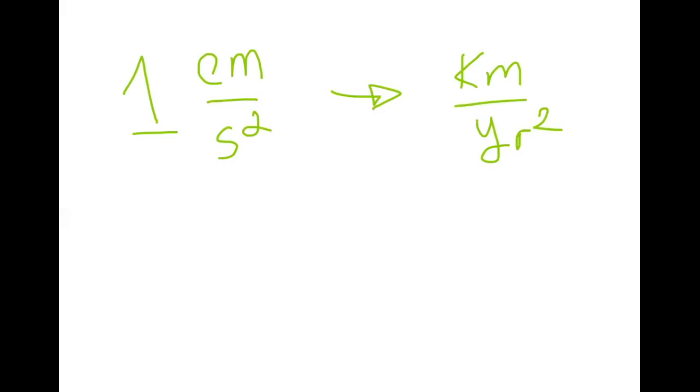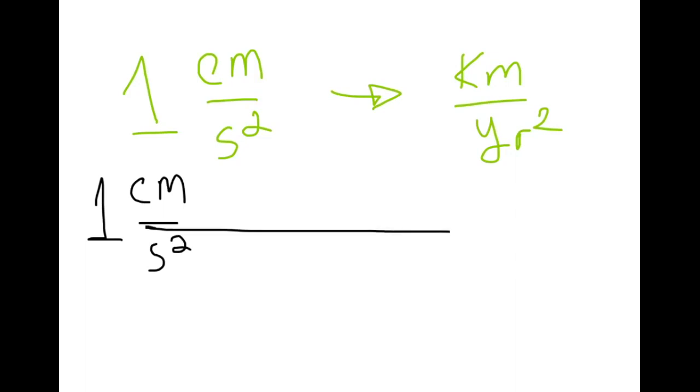So we will grab our 1 centimeter per second squared, and then we're going to be turning. Let's start by turning centimeters into kilometers. So we're going to multiply, and I suggest you do this kind of table.